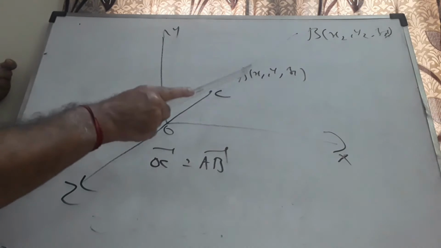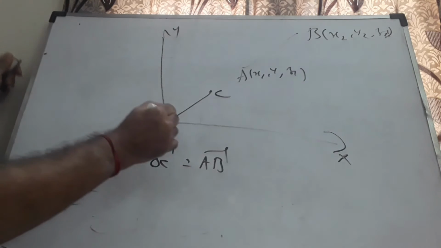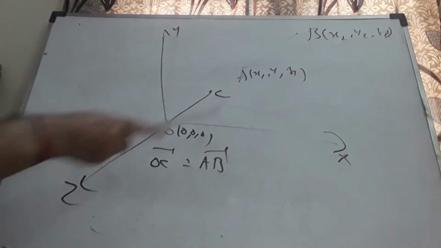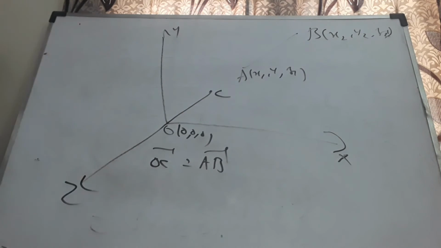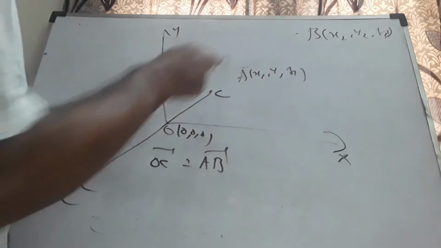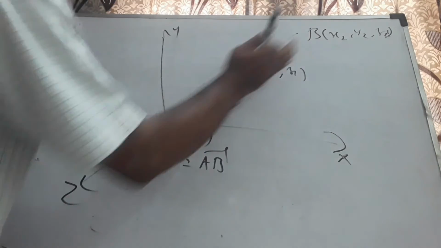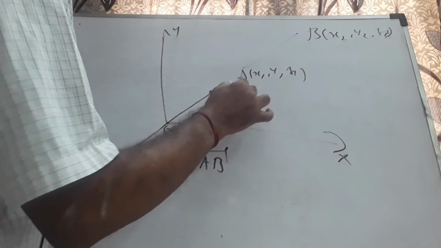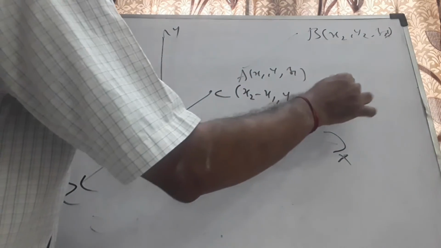Now A, x1, y1, z1 is shifted to O, 0, 0, 0. How do I get it? I get it by subtracting x1 from the x-axis, y1 from the y-axis, z1 from the z-axis. The same quantity should be subtracted from each and every point of this segment so that the parallelism will be maintained. Therefore, my point C will now become x2 minus x1, y2 minus y1, z2 minus z1.